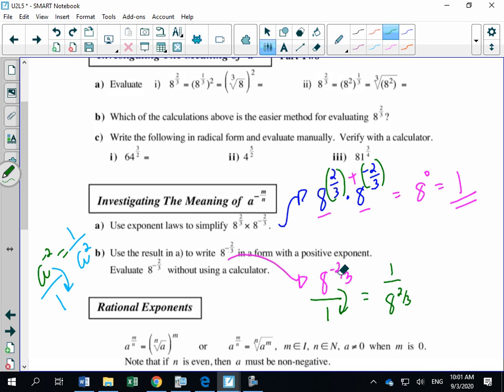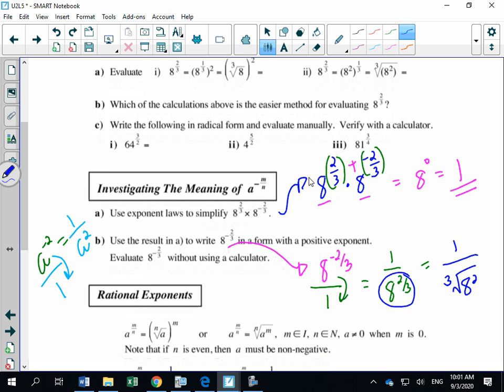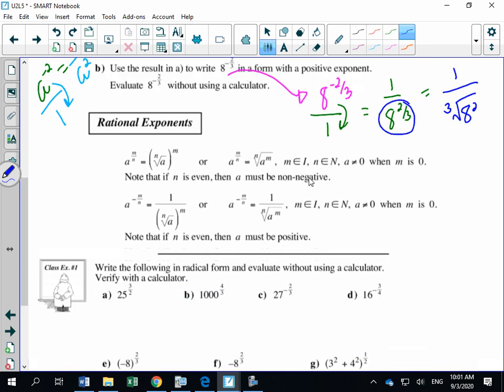To go from negative 2/3 to 2/3, if it's in the numerator, you write it in the denominator. Now that would not be your final answer because this has to be expressed as a radical. So that would be 1 over the third root of 8 squared would be your answer. Okay?